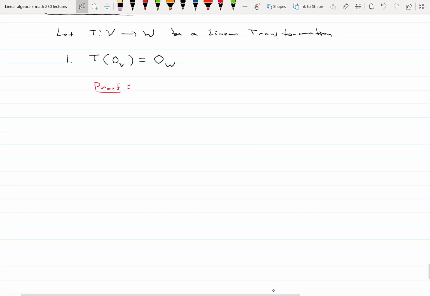My proof starts out with, let v be in the vector space V. So what justifies that? What justifies picking something out of V? Because vector spaces are not empty.